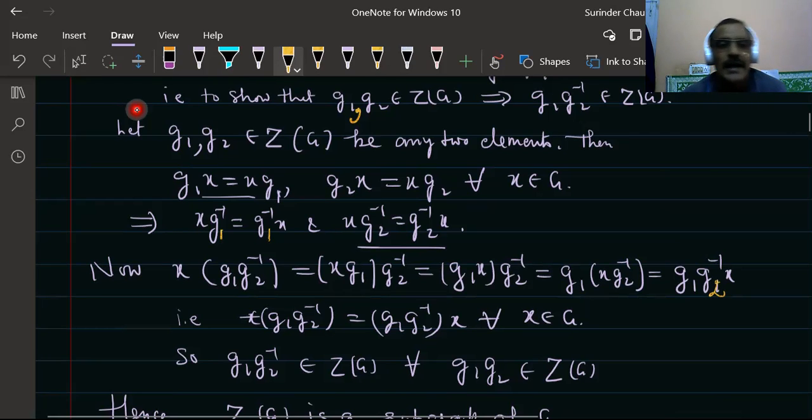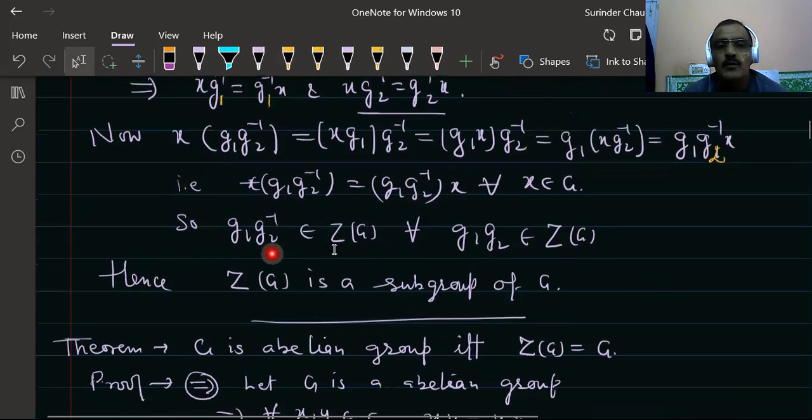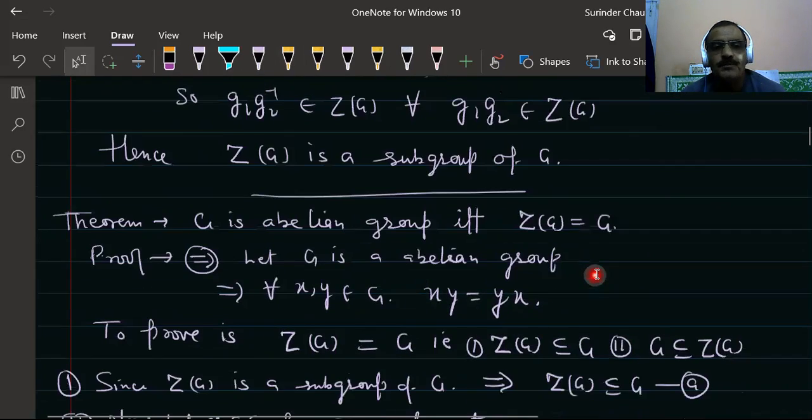We have shown that x g1 g2 inverse is equal to g1 g2 inverse x for all x belonging to G. This implies g1 g2 inverse belongs to Z(G) for all g1, g2 belonging to Z(G). So with the lemma, this shows that Z(G) is a subgroup.